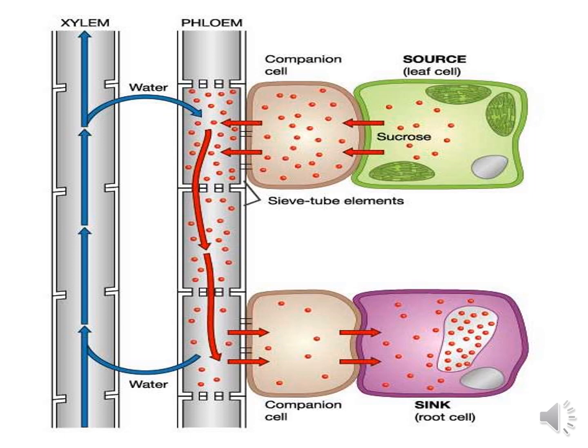Once the high pressure of sucrose together with the water reaches the sink area where they are required to unload it, this sucrose will be transported into the companion cell and finally to the sink.